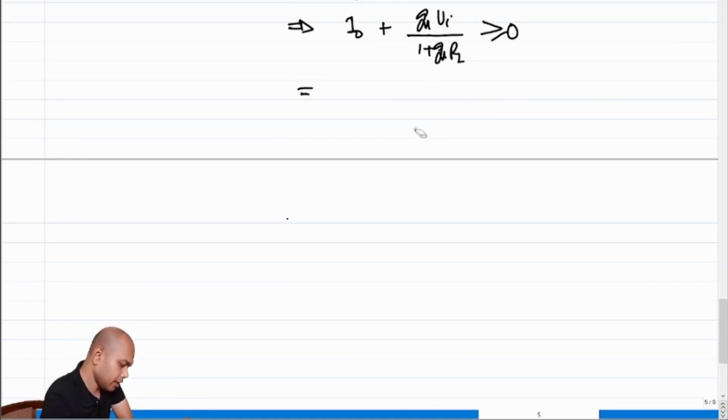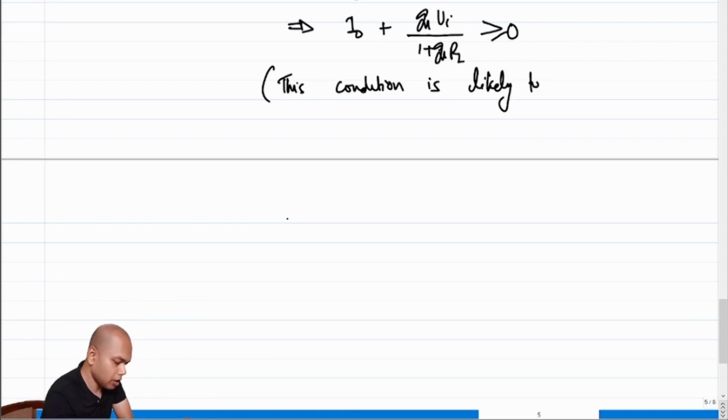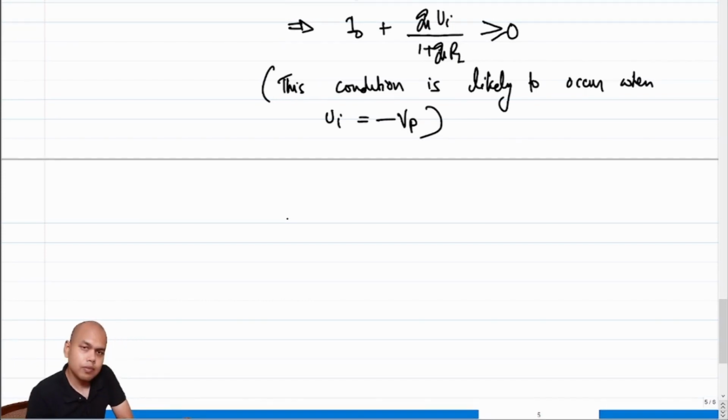If we directly replace Vi is equal to minus Vp, so this condition is likely to occur when Vi is equal to minus Vp, right?